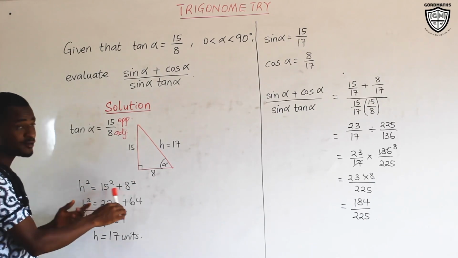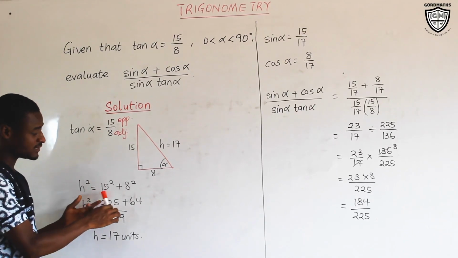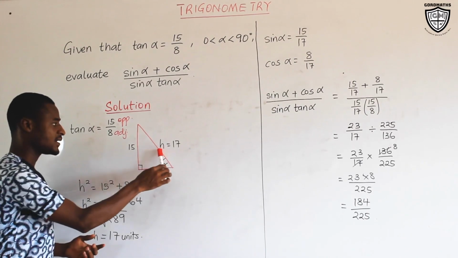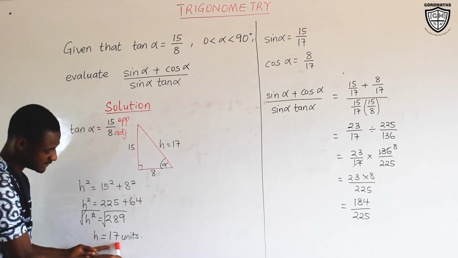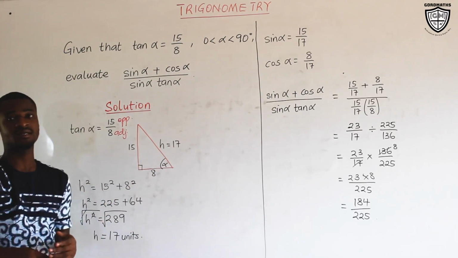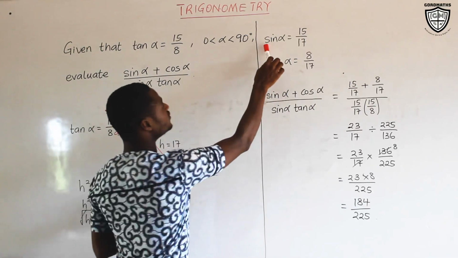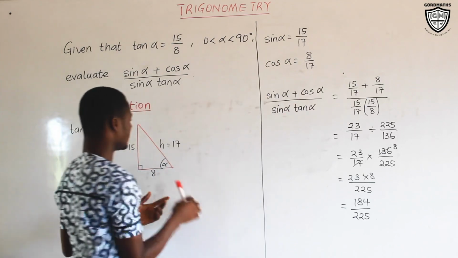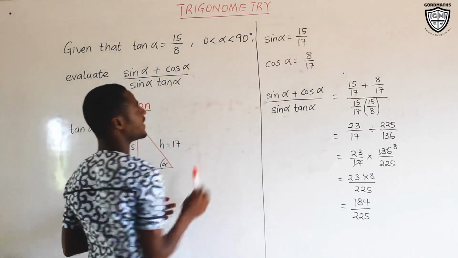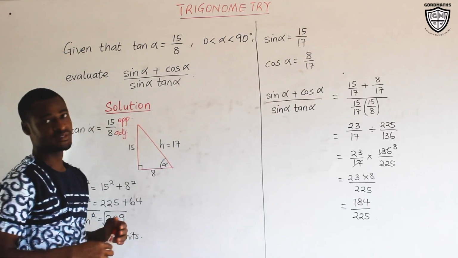Then from Pythagoras' theorem, which says that the square of the hypotenuse is equal to the sum of the squares of the two other sides, we are able to find the hypotenuse, which is the longest side, to be 17 units. Then we represent that on the diagram. From there, we can obtain the ratios sin alpha and cos alpha from the diagram. Sin is the opposite divided by hypotenuse, and then cos is adjacent divided by hypotenuse.